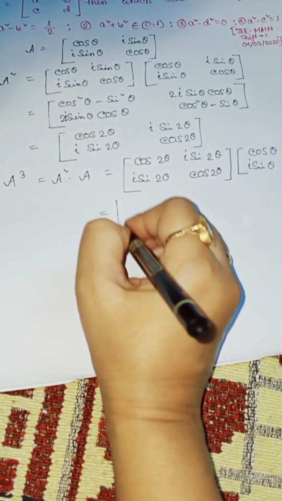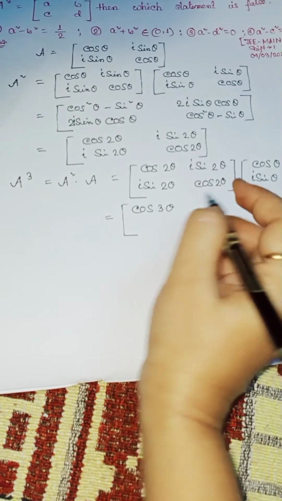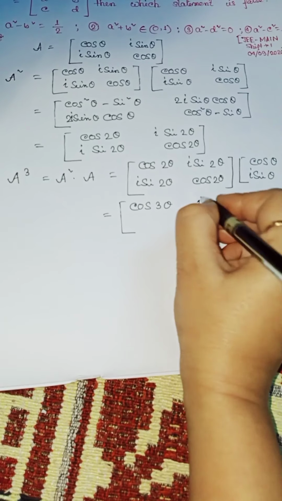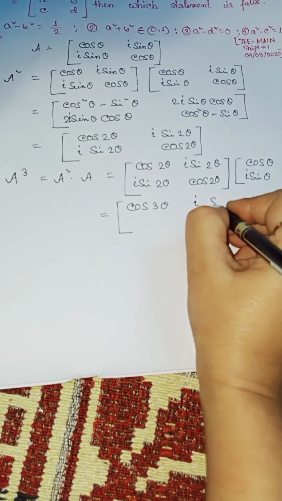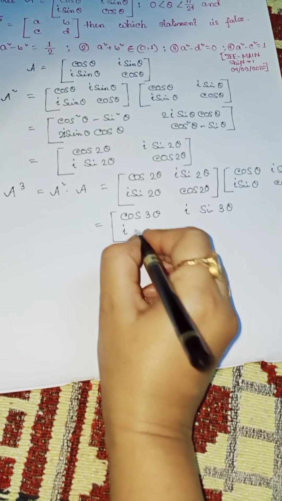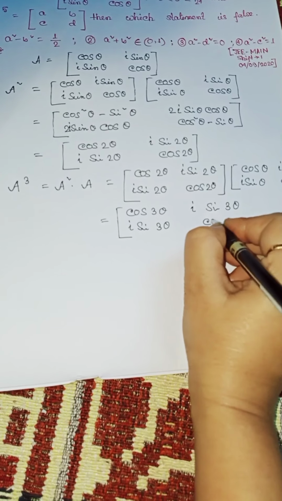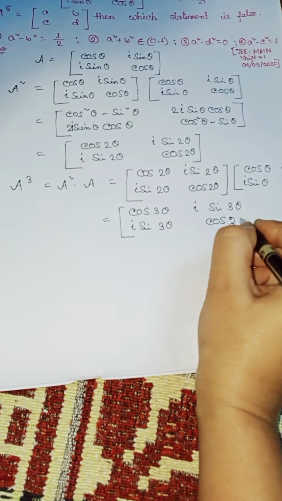So it becomes cos of 3 theta, i sin 3 theta, i sin 3 theta, cos of 3 theta.